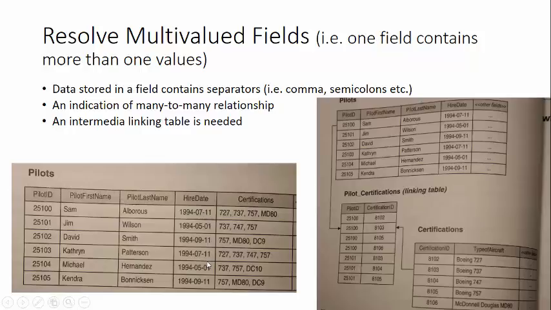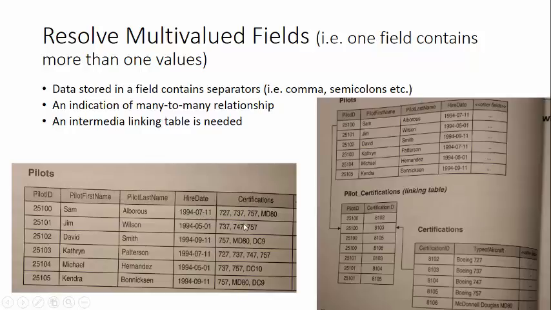It is a many-to-many relationship, which means each pilot can have multiple certifications, and for each certification, like 737, it associates to different pilots. So that is a bad design because, for example, if I want to return the list of pilots who can fly 737 from this table, it's not an easy task because of this multiple value problem.